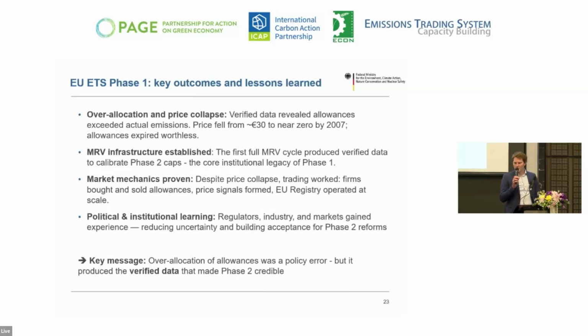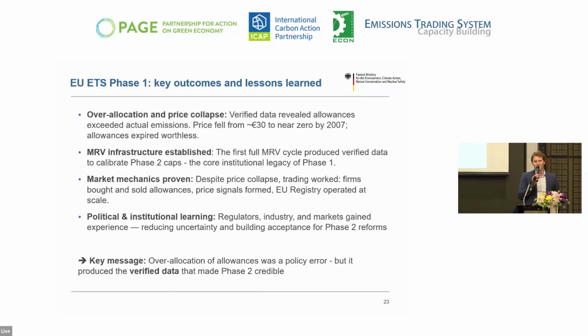Over-allocation was the end result of the first phase. Through this exercise, testing and learning revealed that allowances exceeded actual emissions, which then, as you would expect, caused the prices to fall to almost zero by 2007, which was essentially a policy failure at the time.